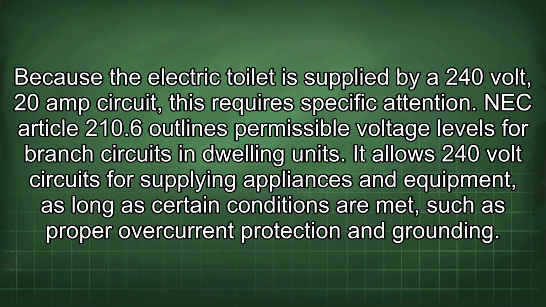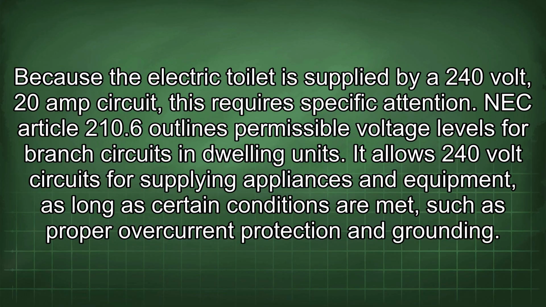Because the electric toilet is supplied by a 240-volt, 20-amp circuit, this requires specific attention. NEC Article 210.6 outlines permissible voltage levels for branch circuits in dwelling units. It allows 240-volt circuits for supplying appliances and equipment, as long as certain conditions are met, such as proper overcurrent protection and grounding.